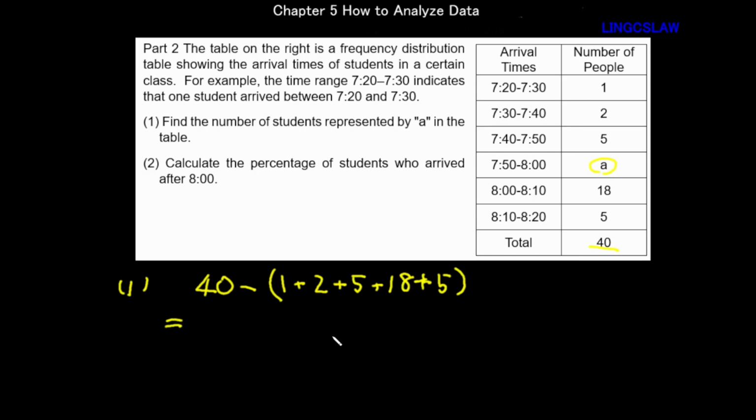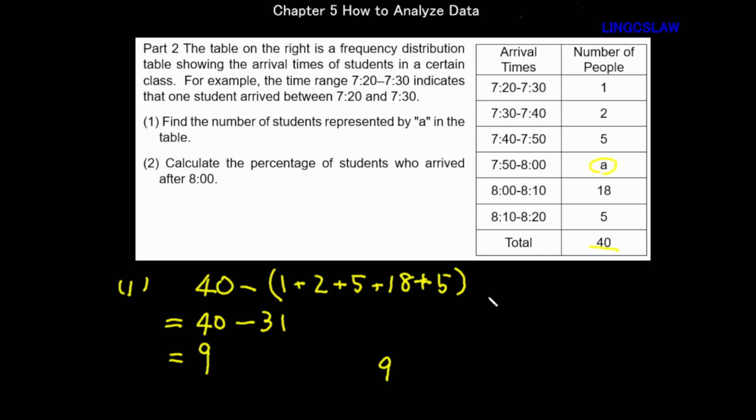So 1 plus 2 plus 5 plus 18 plus 5 equals 31. 40 minus 31 equals 9. So number 1, the answer is 9 students. Let's go on to number 2.